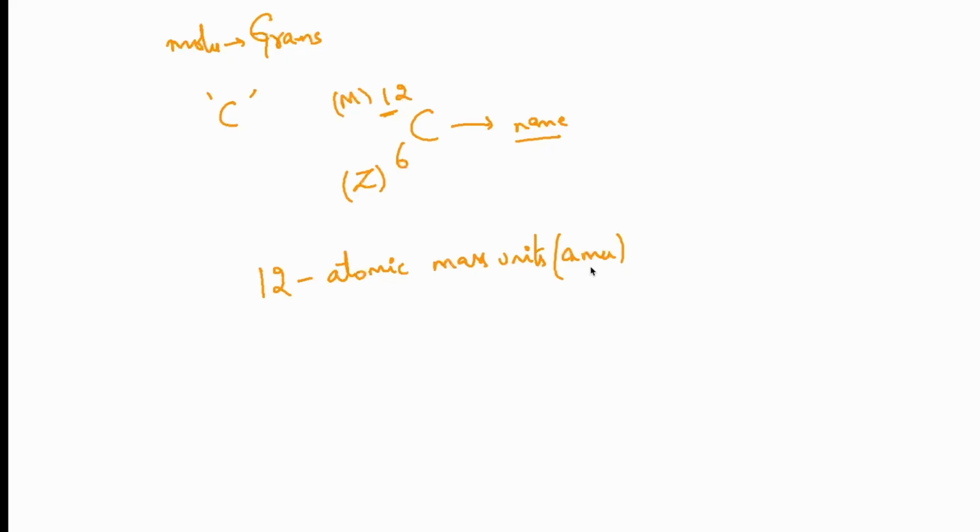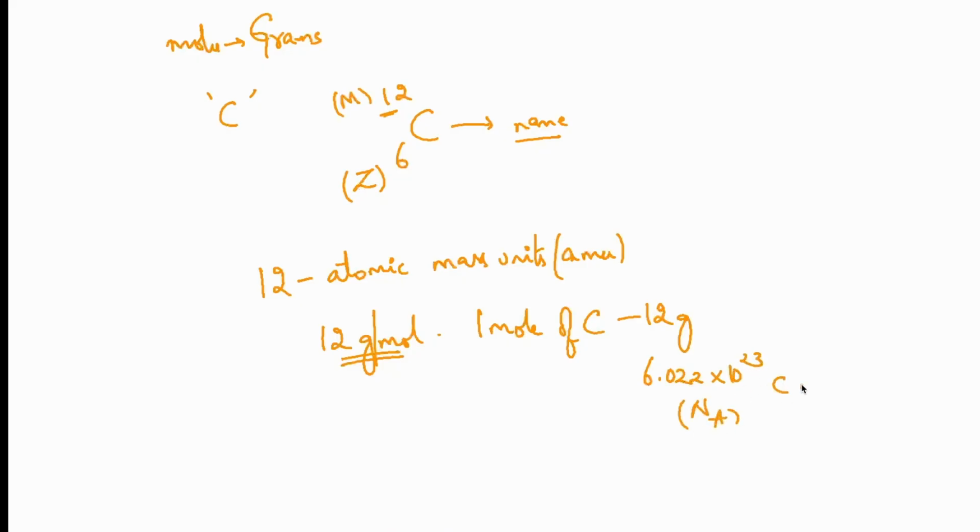Okay, the number 12, the atomic mass, is usually referred to as the mass number. Now this can also be written as 12 grams per mole. It means that 1 mole of carbon weighs 12 grams and contains the Avogadro number of carbon atoms.